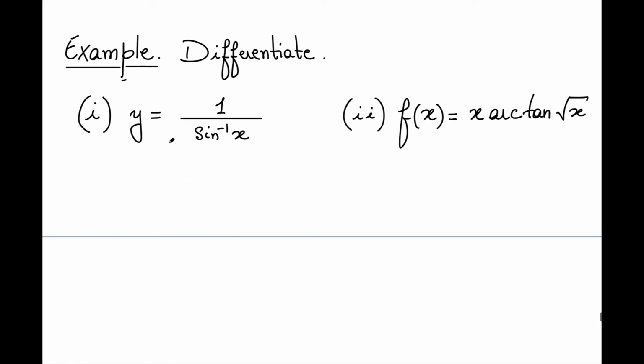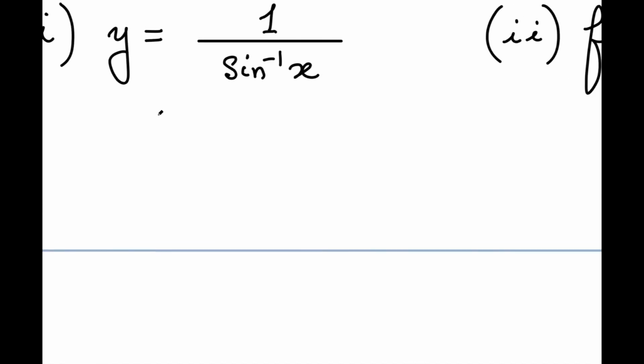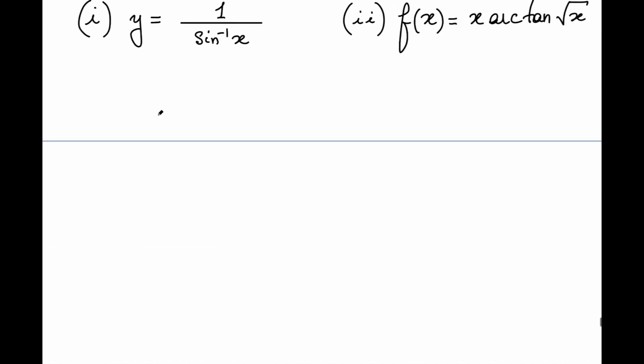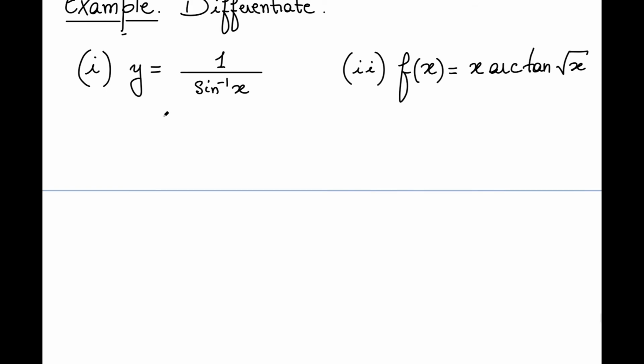Example. Differentiate y equals 1 over arc sine. Remember, sine inverse is also called arc sine, and cosine inverse arc cosine, tangent inverse arc tangent. So let's do part 1. Okay, let's go. We want to differentiate this function with respect to x.